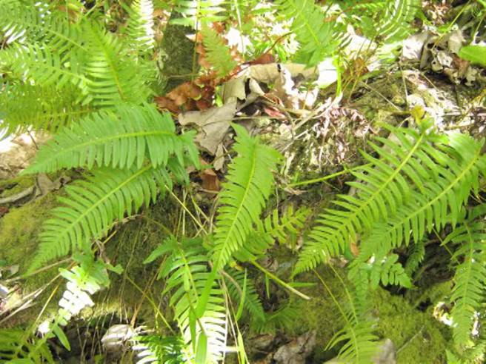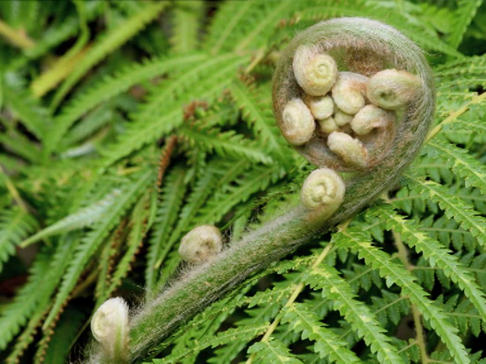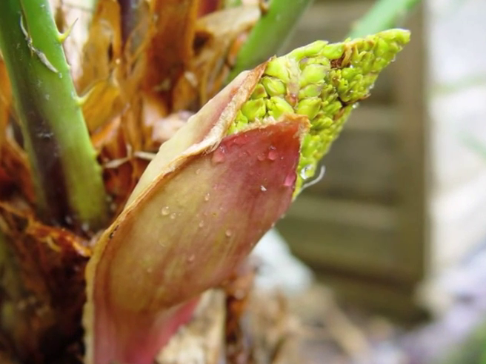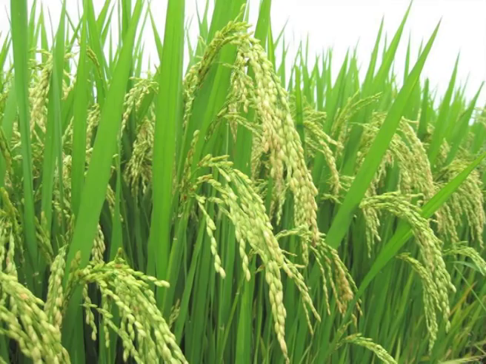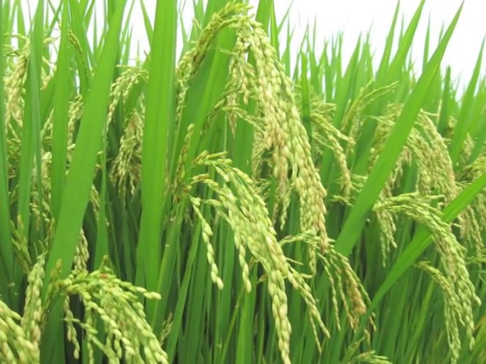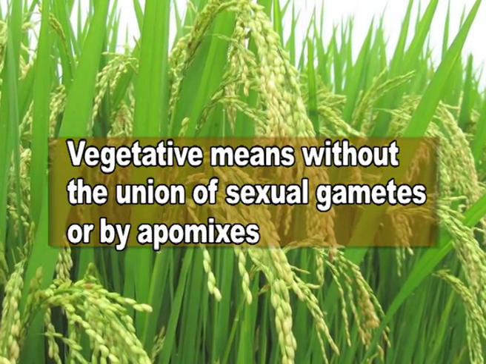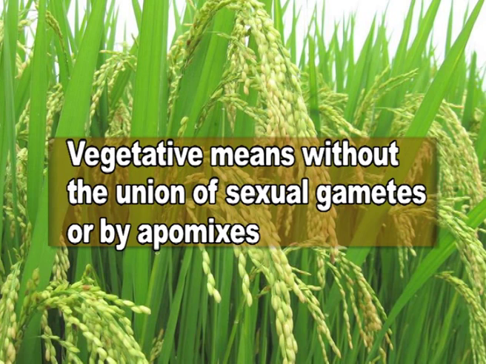The sexual category of plants are developed from a seed or spore after undergoing union of male and female gametes. The typical examples include palms and ferns. The asexual category of plants undergo reproduction by any vegetative means without the union of the sexual gametes or by apomixis.